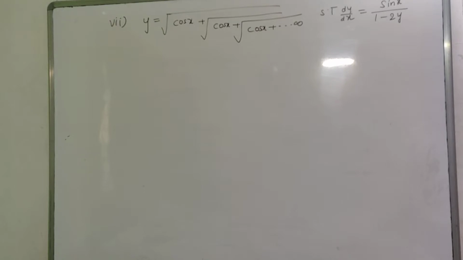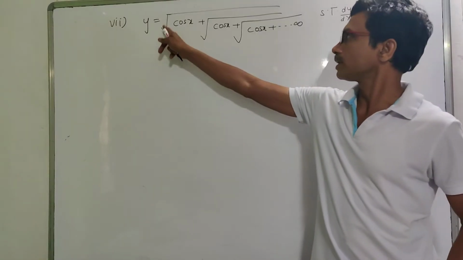Seventh sub question: y is equal to root of cos x plus again root of cos x plus again root of cos x, infinite times, and we are required to show dy by dx is sin x upon 1 minus 2y. So if we square both sides, the outer square root will be removed.